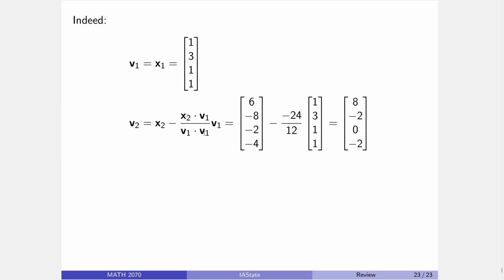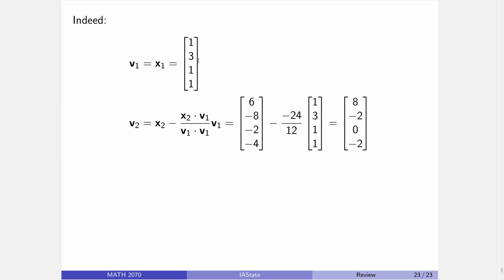And we get our v2 by computing the projection of x2 onto the vector v1 and taking the difference. And again, as we noted, the original vector minus its projection is a very powerful tool and has a lot of nice properties. And in fact, will give you something perpendicular to the vector v1. And hey, you can check here by computing those dot products that we indeed will get 0.